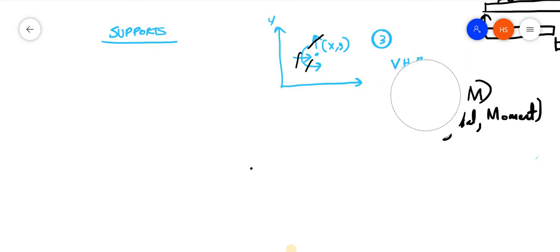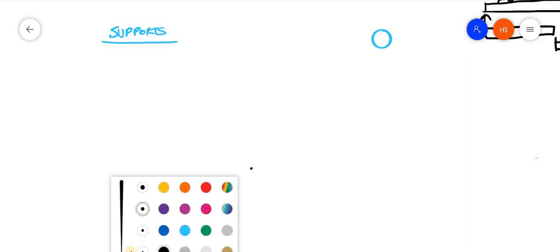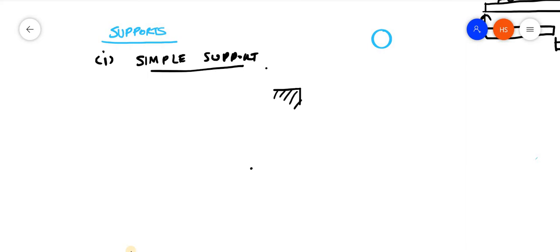Now, based on this, we can have different types of supports. The first one is a simple support. That is, if I am having a wall like this, a brick wall, and I am keeping a beam, just keeping a beam like this on top of the wall.